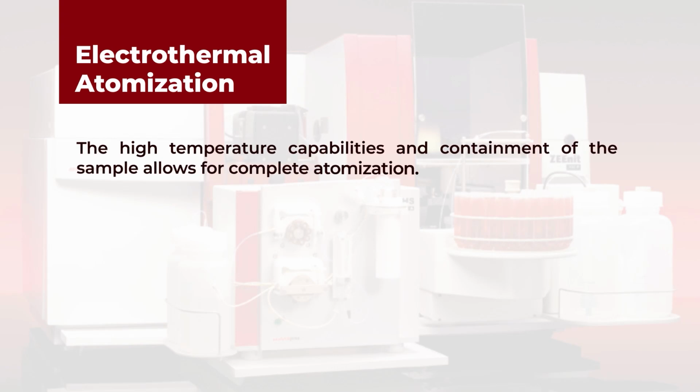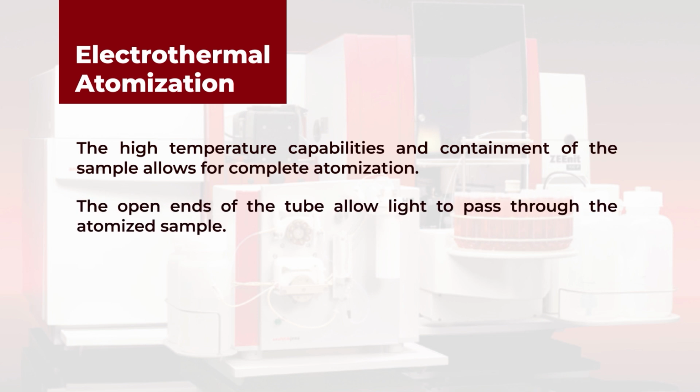The high temperature capabilities and containment of the sample are so good that they allow complete atomization. And the graphite tube has open ends so that the beam can pass, okay. So this graphite furnace allows the atomic absorption spectrometer to achieve a very low level of quantification, LOQ is very, very low.